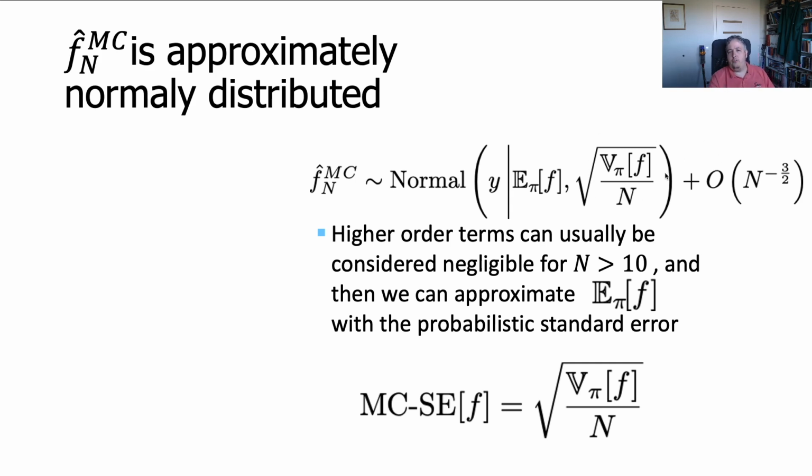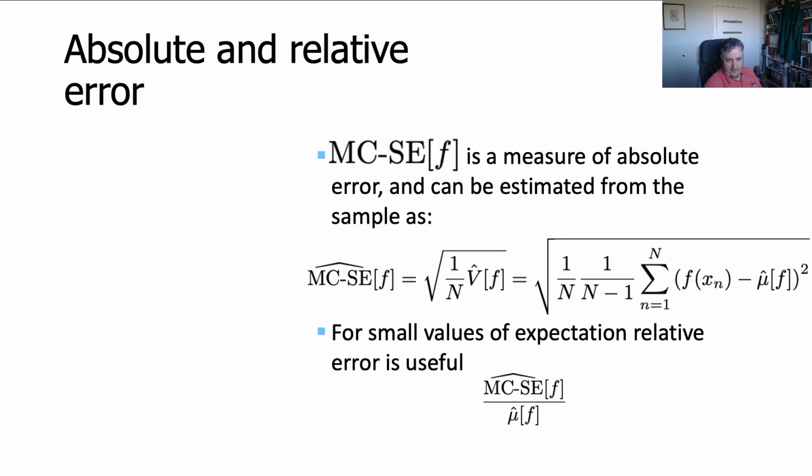This is normally distributed up to an order of n to the minus 3/2, and this can be negligible for n as low as 10. So generally we can assume that our approximation of the expected value has just the given standard error.